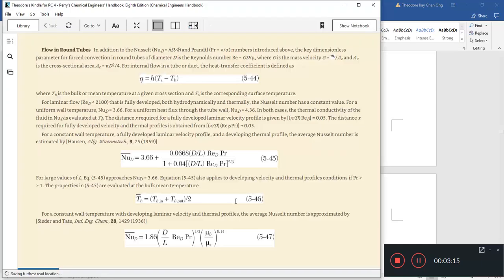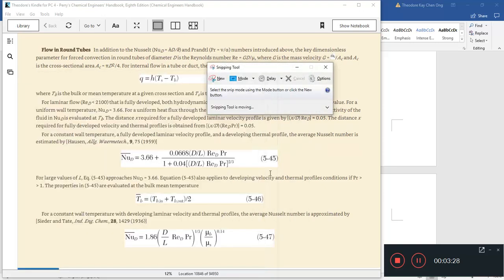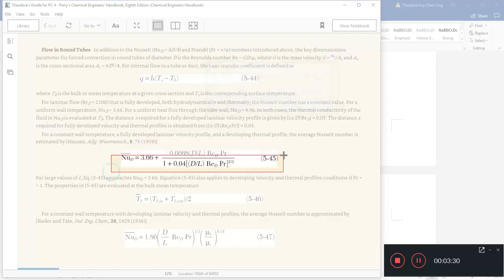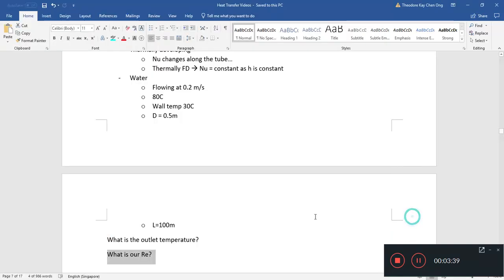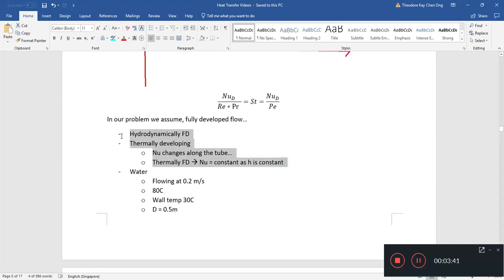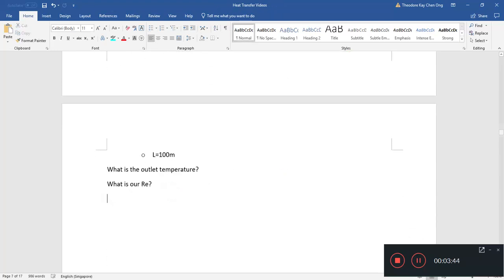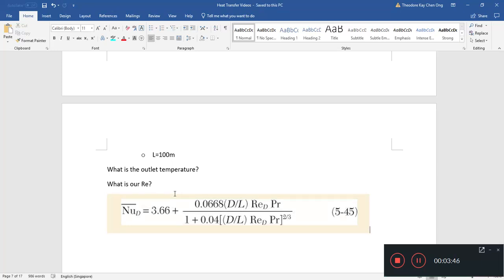Now if you look at Perry's Chemical Engineering Handbook, we can see that for flow in round tubes, we have several correlations. You can see this first one, equation 5-45 here. It says it's for fully developed laminar velocity profile and developing thermal profile. That's the fully developed thing I was discussing a little earlier. So if it's laminar, we can use this.